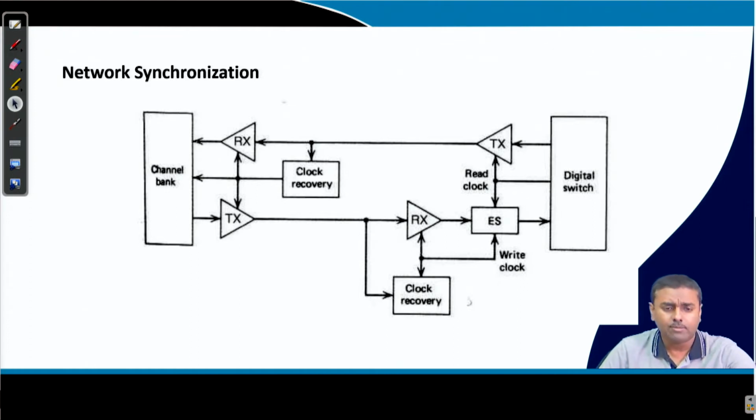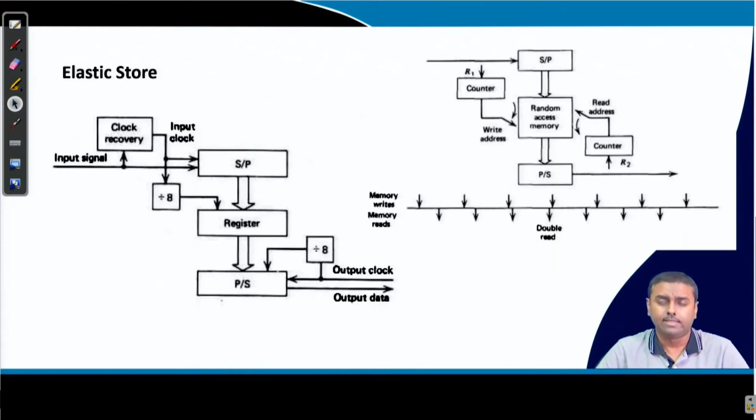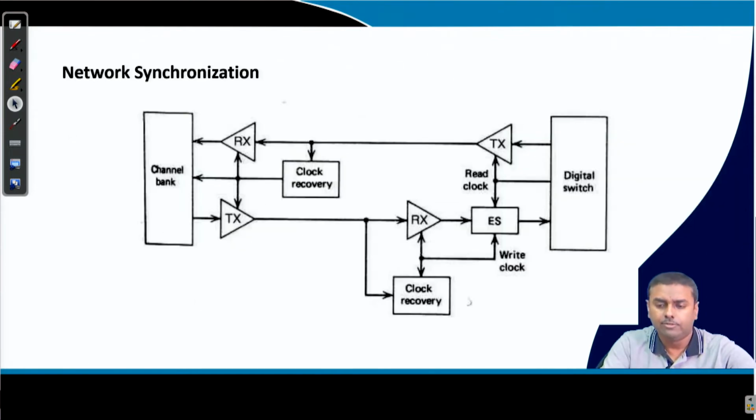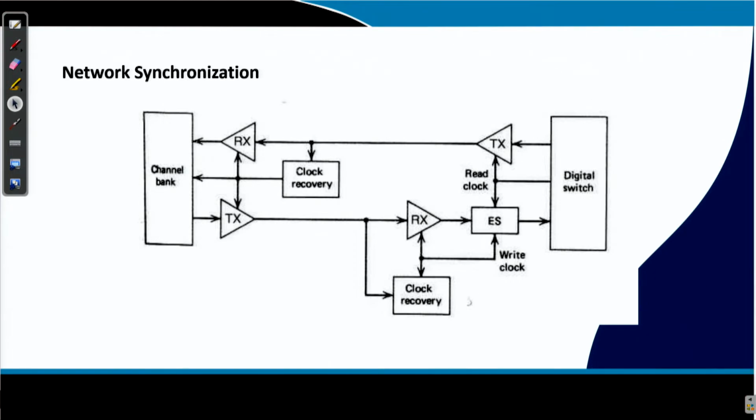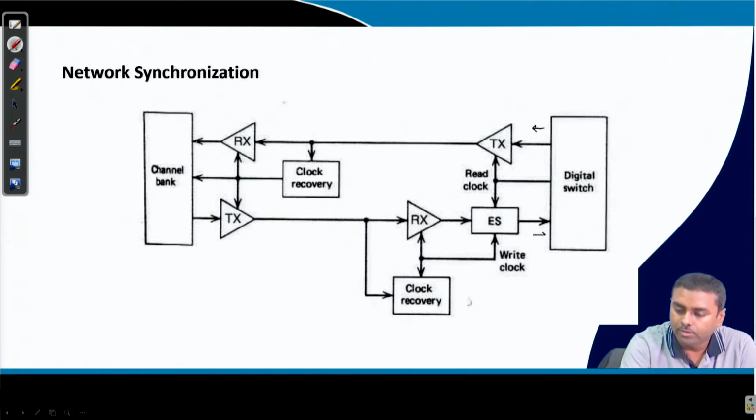First let us talk about the discussion that we have already done, that is the network synchronization. At the input of the switch, as we have shown in the previous slide, this is our digital switch and we are getting output from here and input over here.